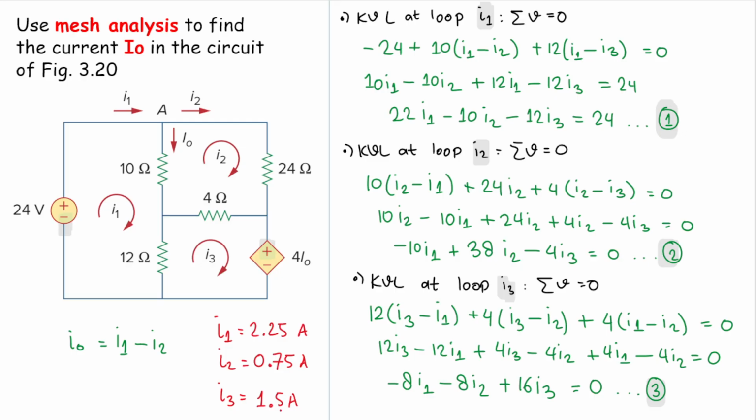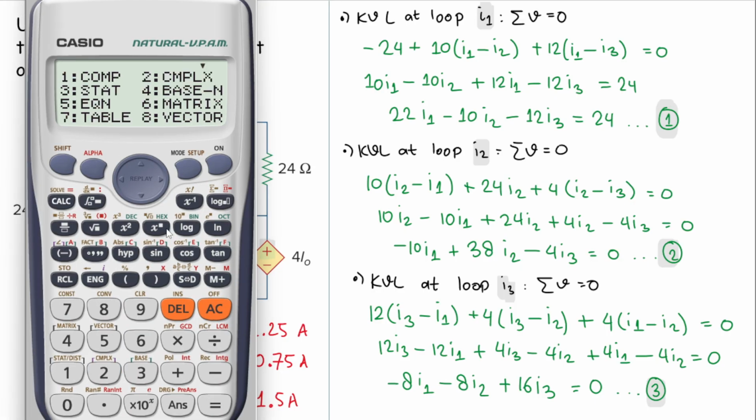But the question is asking us about I0. However, we already have I0 here. I0 is I1 minus I2. So I have 2.25 minus 0.75. So that means that I0 is equal to, what is it? 2.25 minus 0.75.